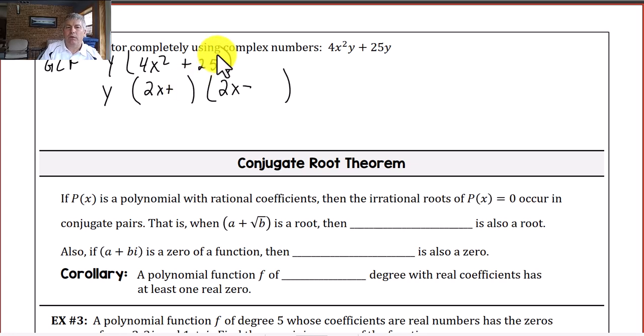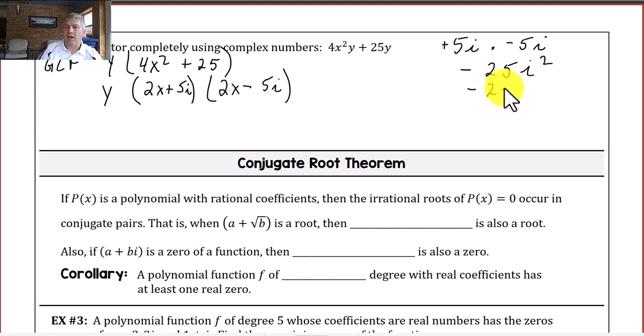in real terms would be 5, but if we do this as imaginary, 5i times 5i, let's see what happens here if I FOIL this back. Let's take a look at what's positive 5i times negative 5i. Well, that's going to be negative 25i squared. Well, what's i squared but negative 1?